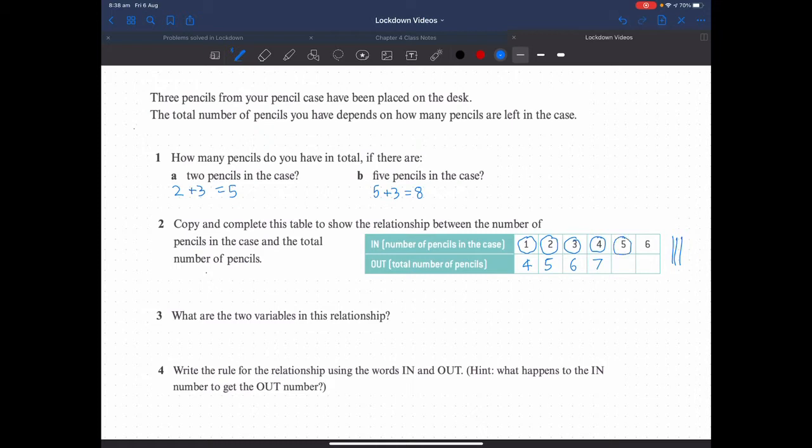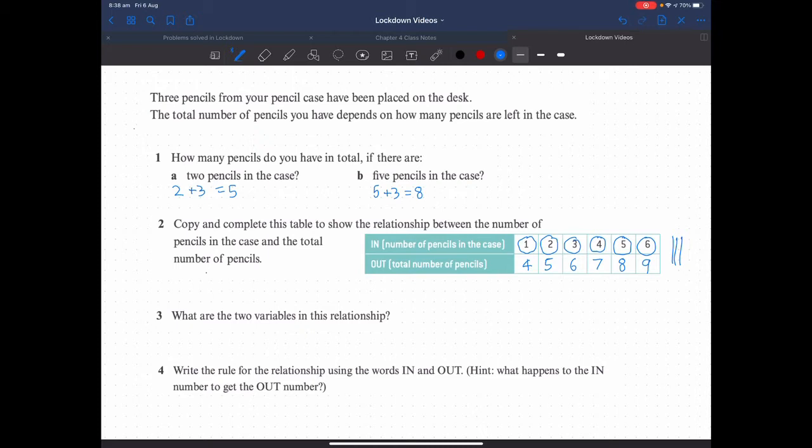If we have 5 pencils in the pencil case, plus 3 on the desk, 5 plus 3 is 8. If we have 6 pencils in the pencil case and 3 on the desk, 6 plus 3 is 9. We've now completed the table.